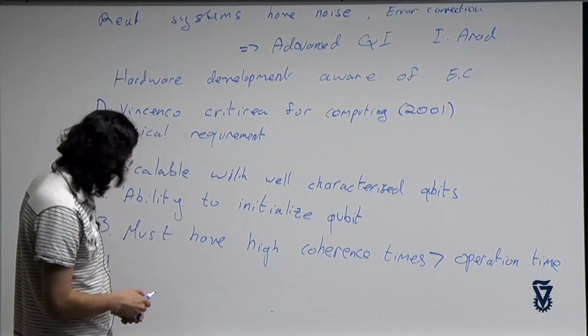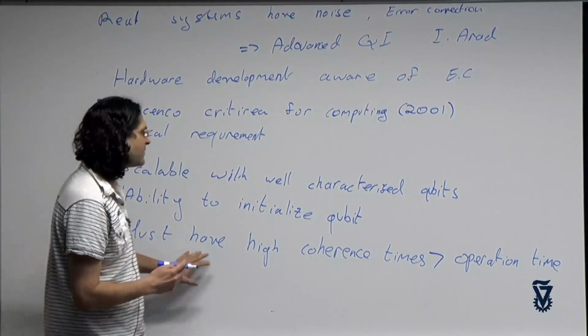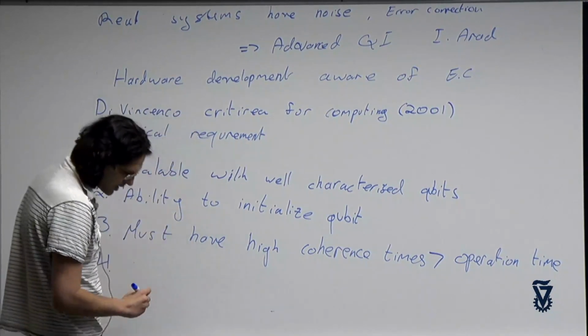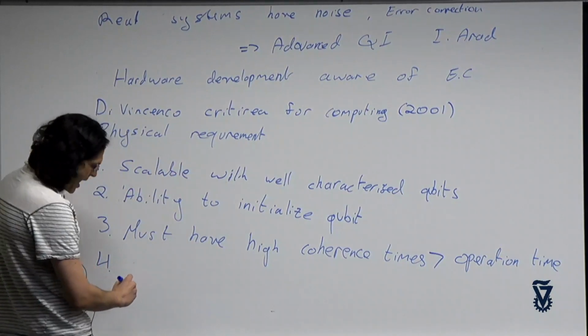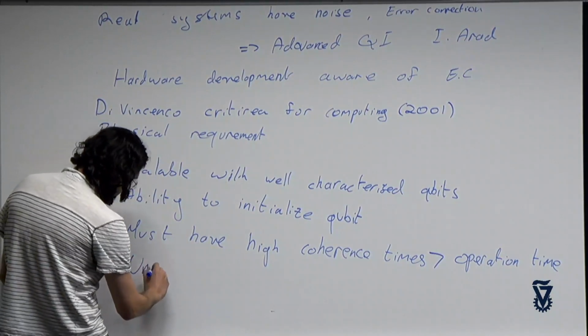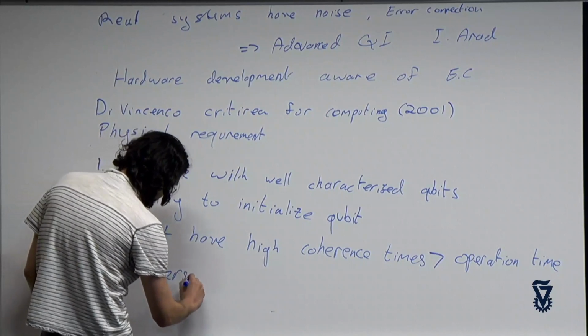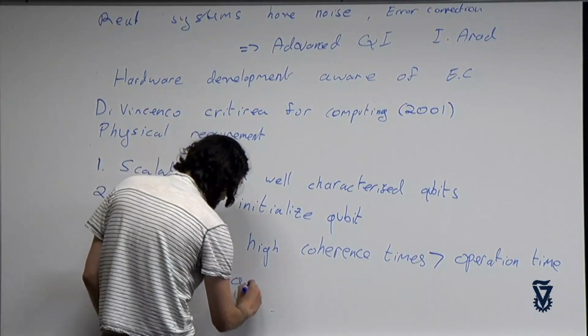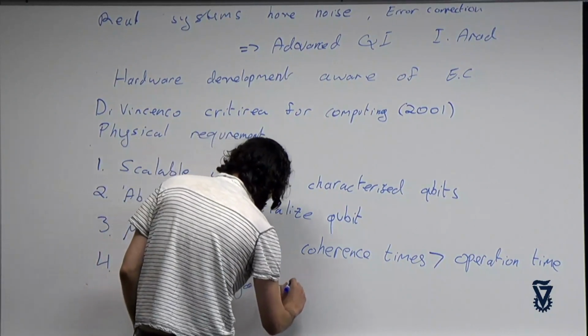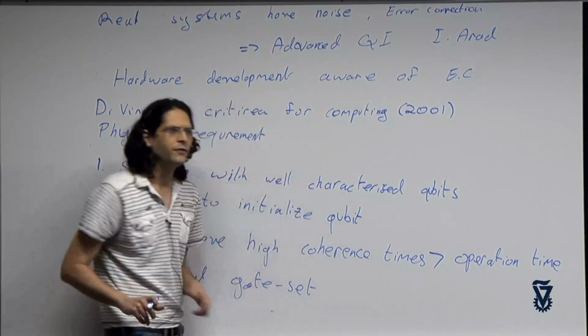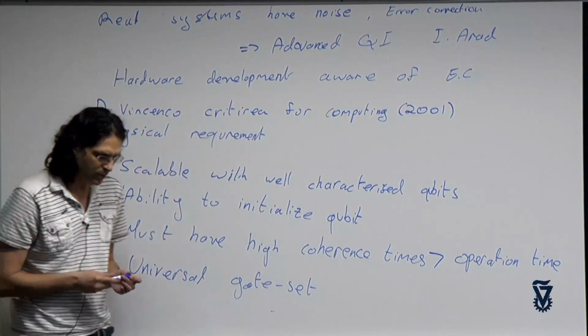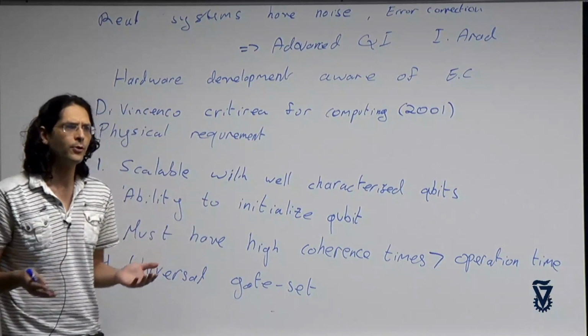So we must have high coherence times. And 4, we need a universal gate set. Universal gate set means that we should be able to do any logical operation.